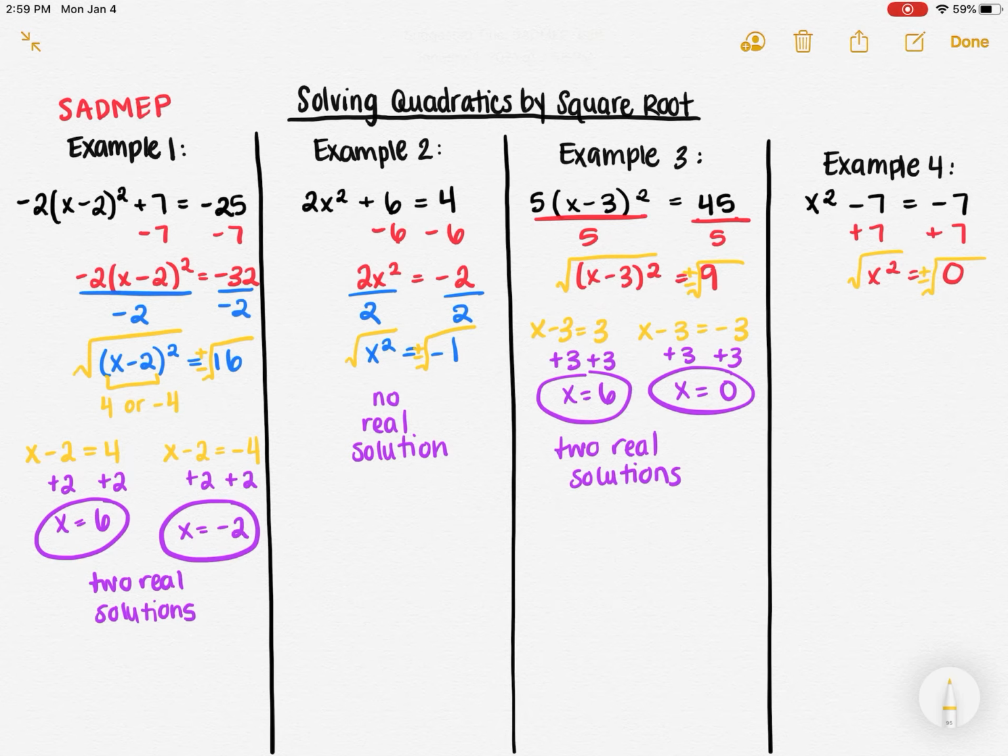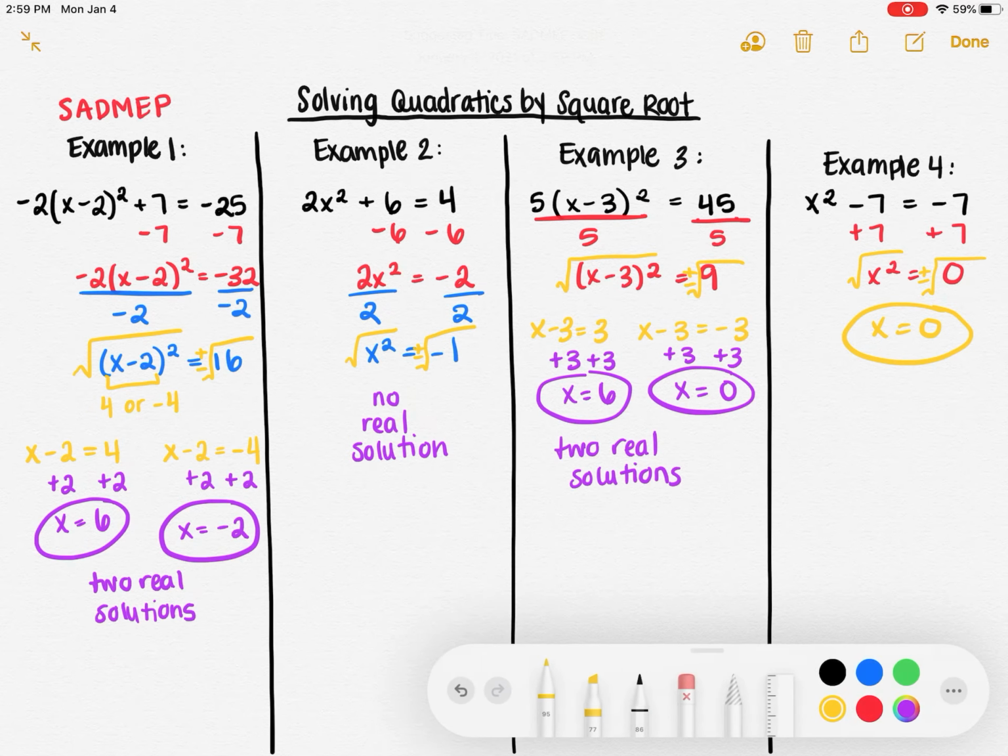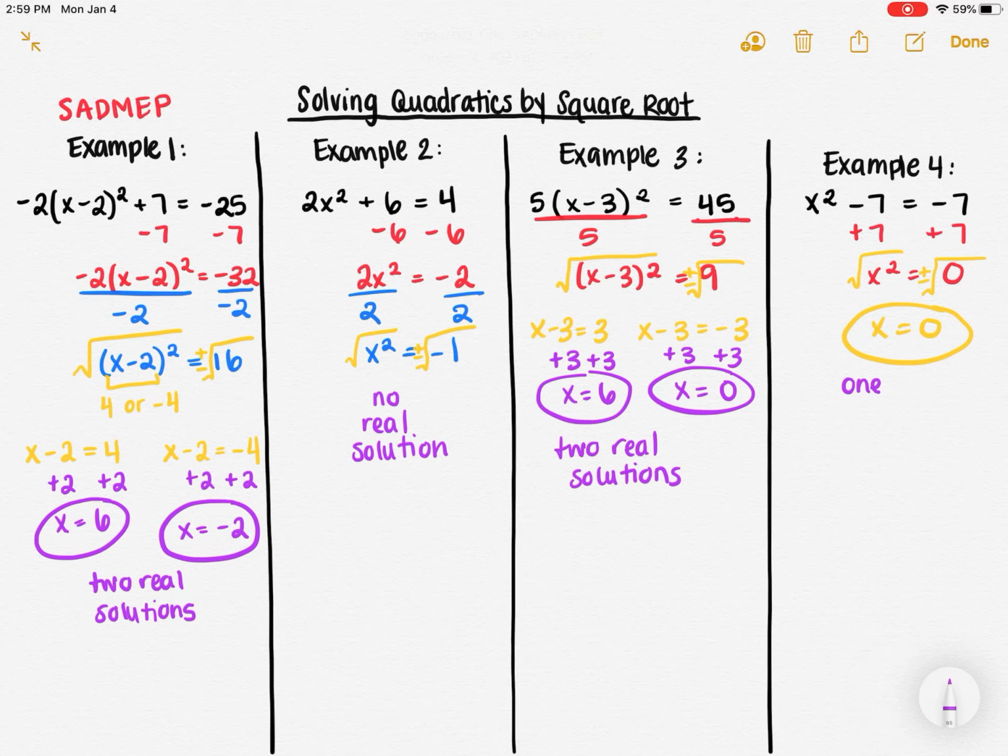So I'm actually only going to have one option here. It's just the square root of 0 is 0. The only number squared that gives you 0 is 0. So we're actually just going to have x equals 0 as our only solution. So we have one real solution here.